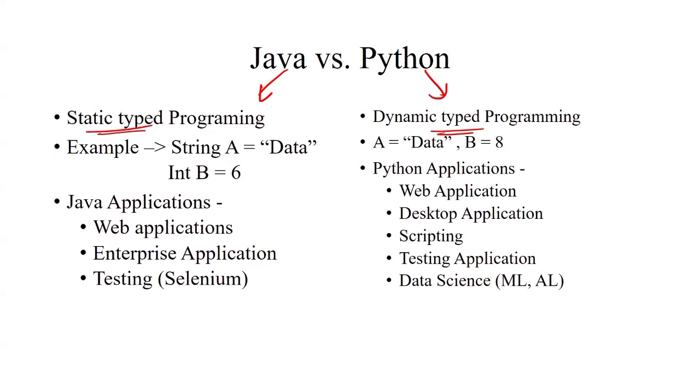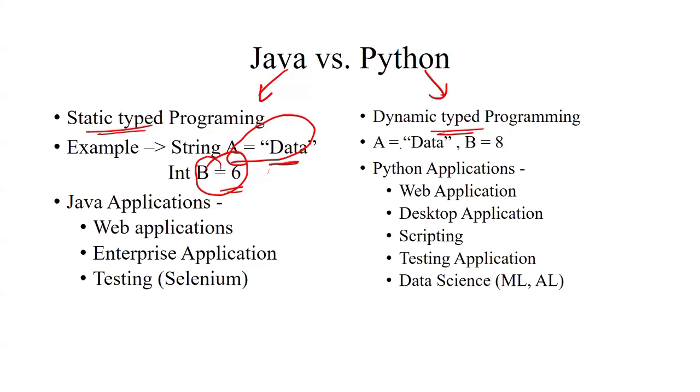If you see the first line, I want to assign some value to a variable, right? So here I'm assigning a equal to data and I'm assigning b equal to 6. I'm assigning some value to some variable. What a variable is, we'll see in the next class, but at least at this point of time, I'm assigning values to a variable.